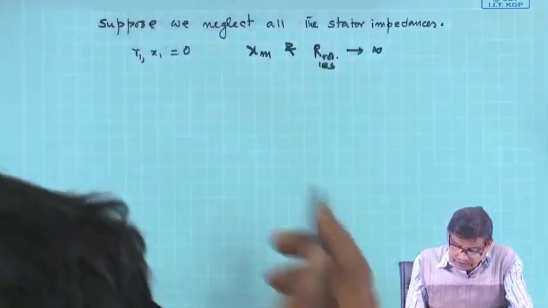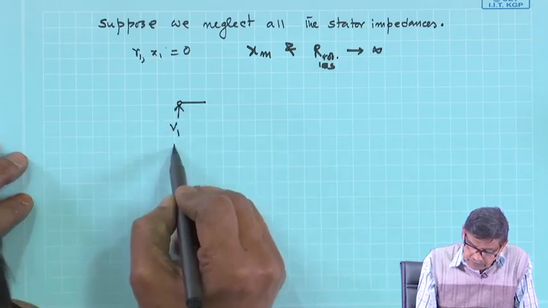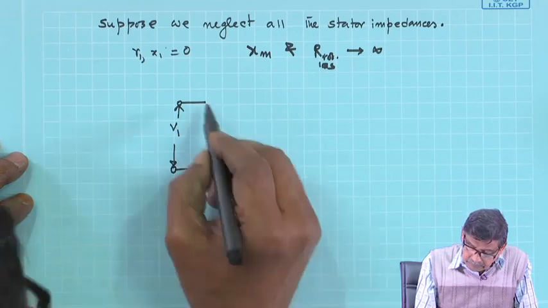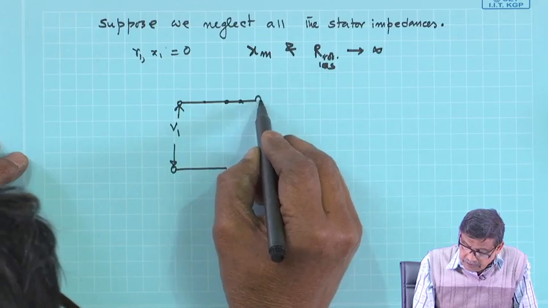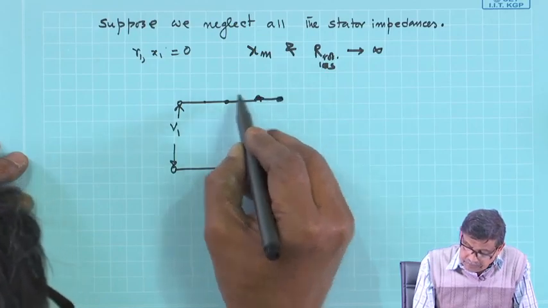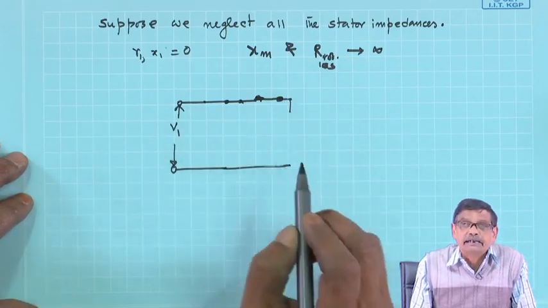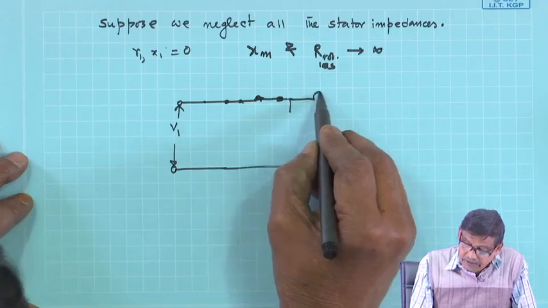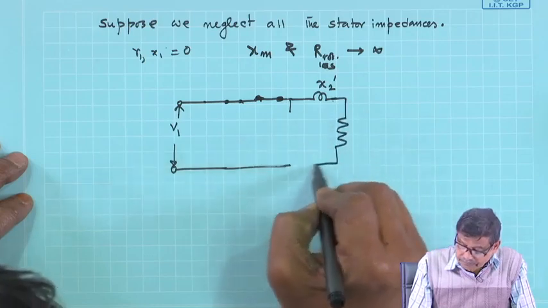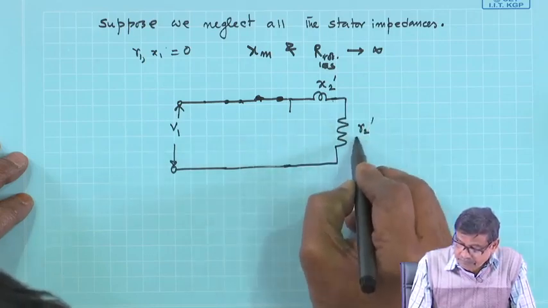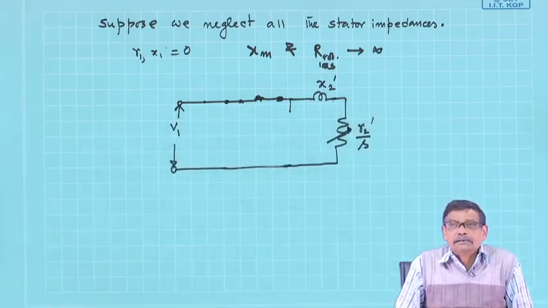Then the equivalent circuit will simply look like your per phase applied voltage V1, R1 is not there, 0, shorted, X1 is not there. So, R1 0, X1 0, and this parallel branch open circuited, nothing is there. And then you have only rotor parameters present. That will simply be the equivalent circuit.